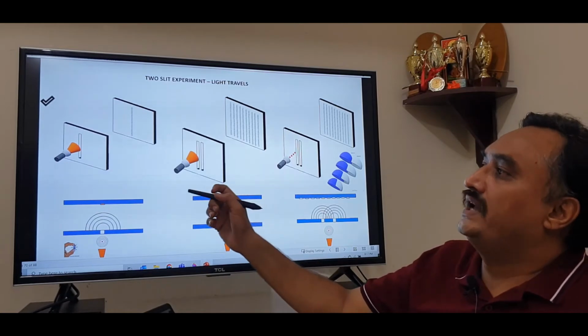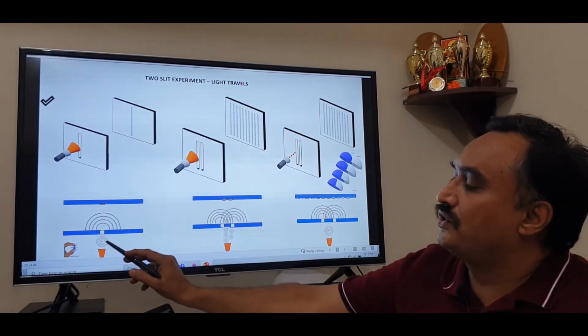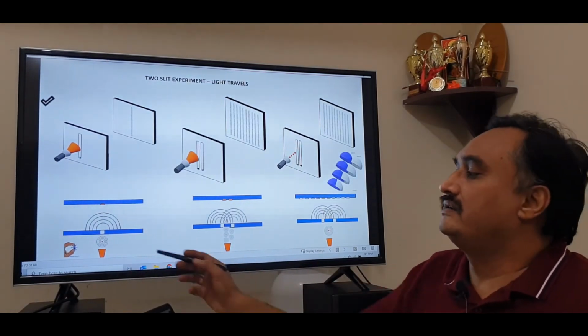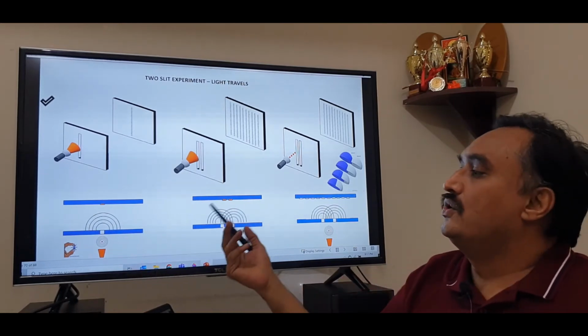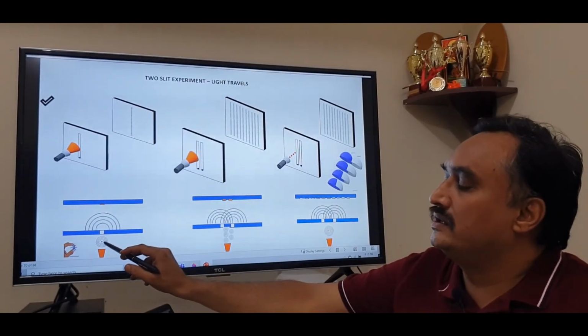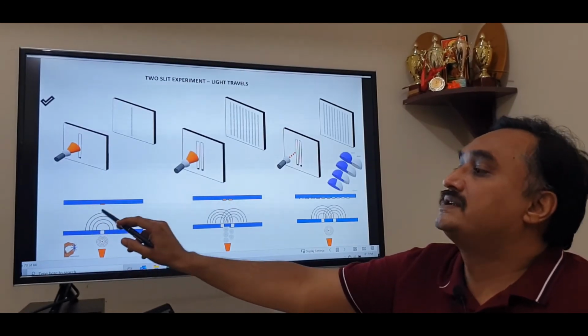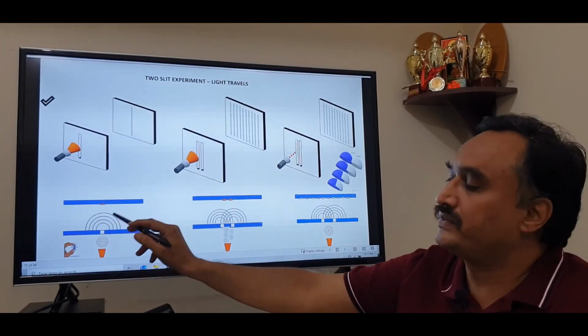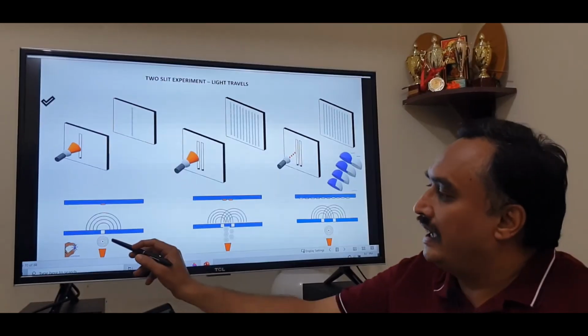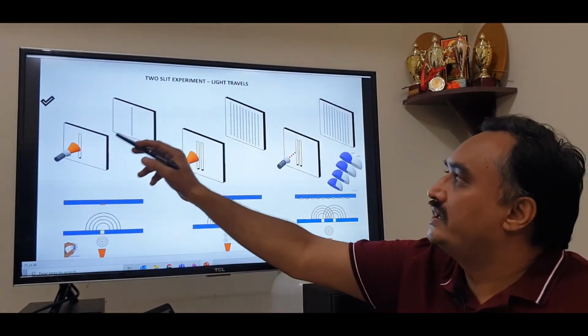So this is what we explained: when you have just one photon and one slit, there is no interference pattern, because when the sphere is crossing over the slit, it still remains a single sphere and the photon goes in a straight line.